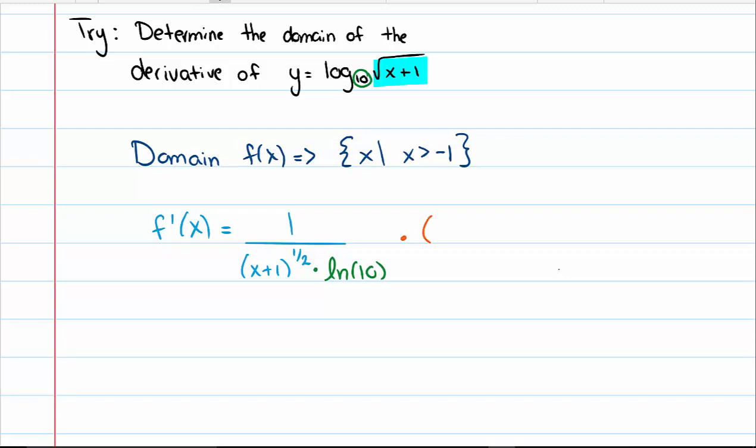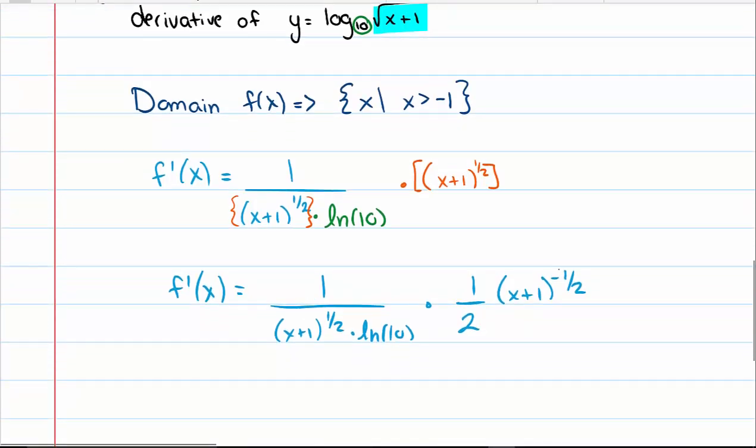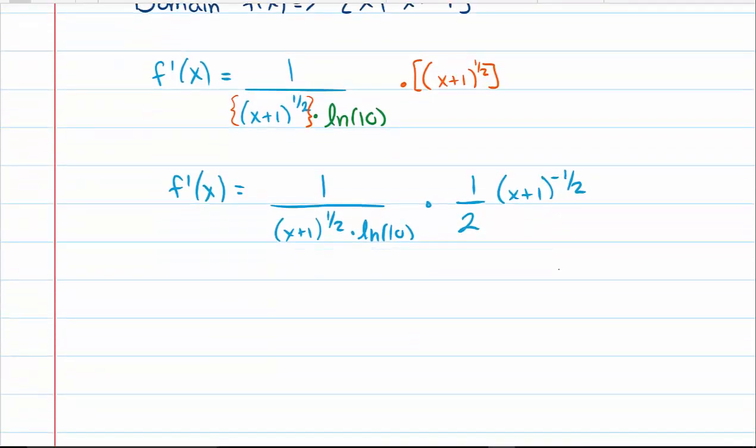So times the derivative of x plus 1 to the 1/2, because this piece right here was like an inside piece. So we take the derivative of that, and we get f prime of x is equal to 1 divided by x plus 1 to the 1/2 times ln of 10 times 1/2 x plus 1 to the negative 1/2. Okay? And we would do the chain rule again, but the derivative of x plus 1 is just 1.